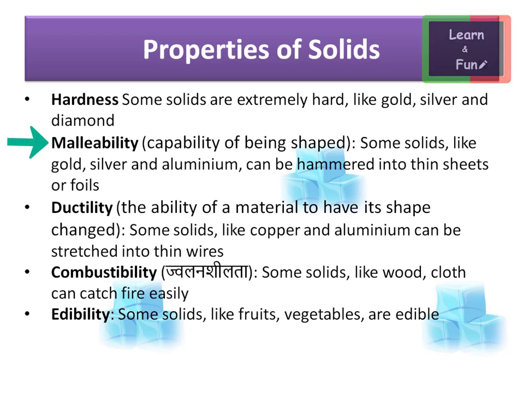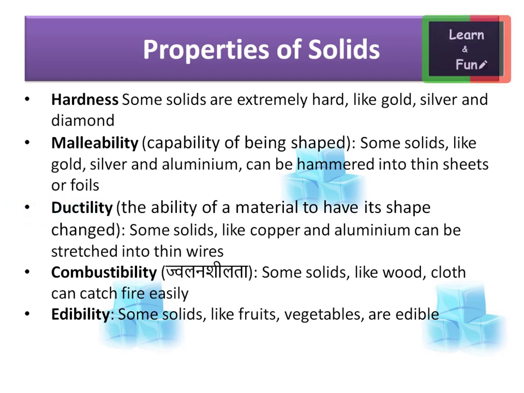Some solids like gold, silver and aluminium can be hammered into thin sheets or foils. Third one is ductility. Ductility means the ability of a material to have its shape changed. Some solids like copper and aluminium can be stretched into thin wires.